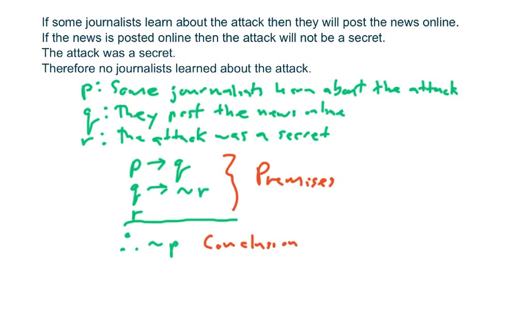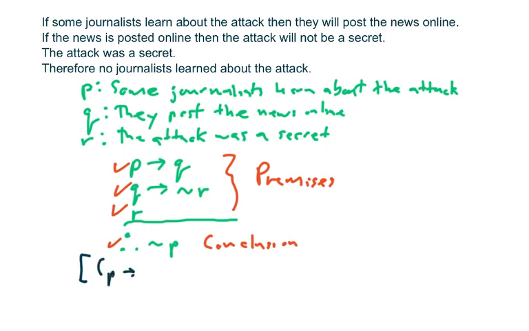Now, if I want to analyze whether the argument is valid or not, I can create a truth table based on the conjunction of the premises leading to the conclusion. If this statement and this statement and this statement, then this statement. If I state that entire thing symbolically, it would look something like this. It's a giant if-then statement including all the premises.